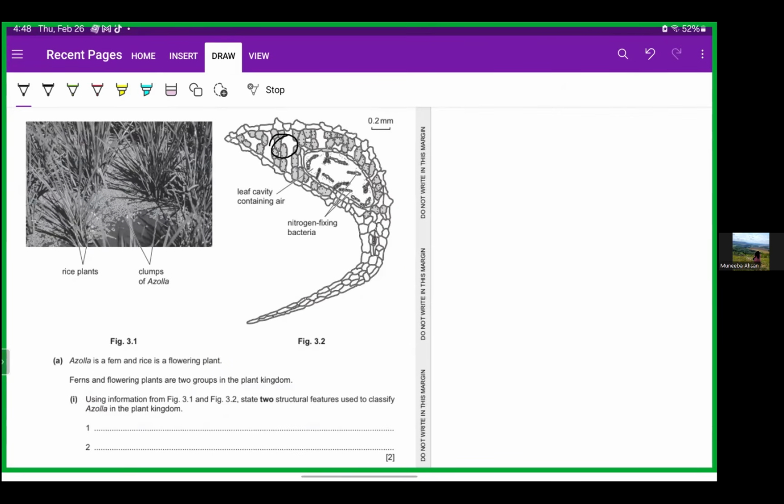Okay. What else can I see? That it is a multicellular organism, right? Because it is made up of multiple cells. Then I can see that it also has a cell wall.